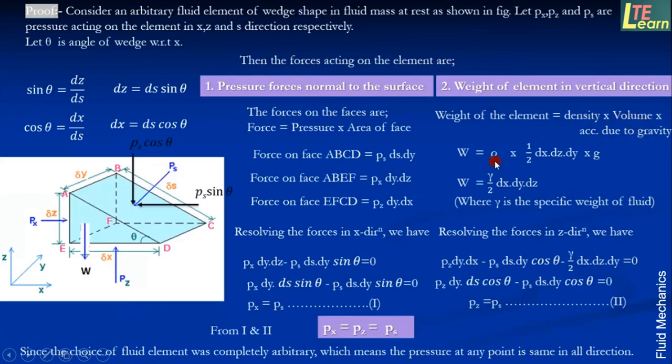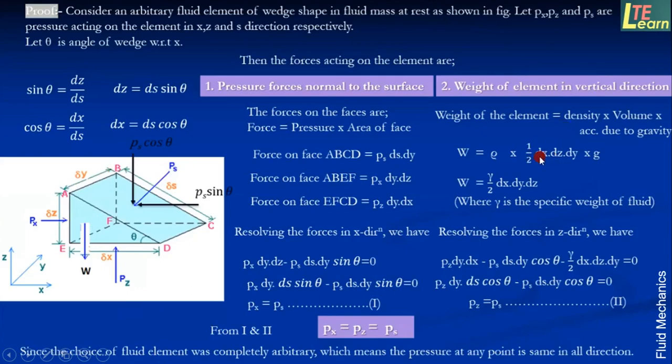Now density is rho, and the volume of this wedge-shaped element will be the area of the element, this frontal triangular area, which is half into the base dx into the other side dz, half into dx into dz, multiplied by the other dimension, the depth dy.